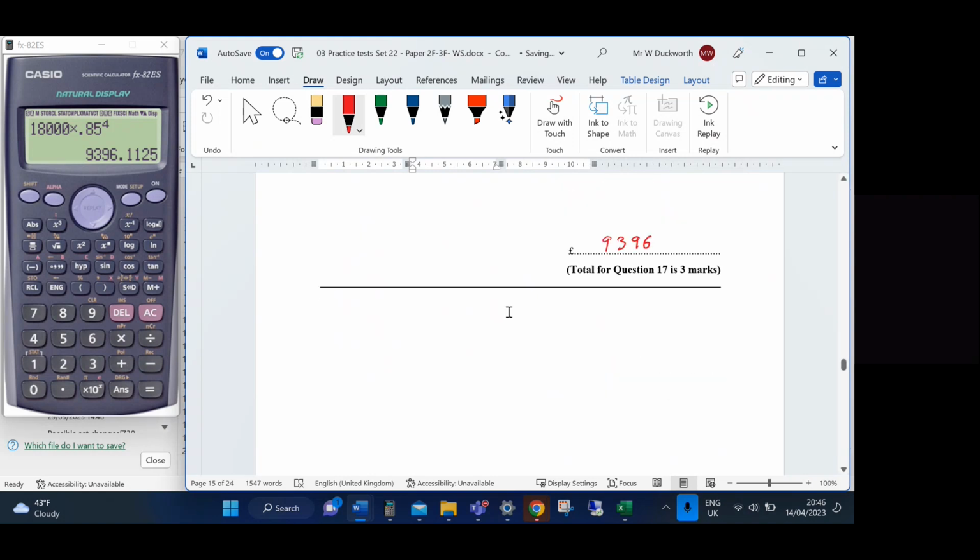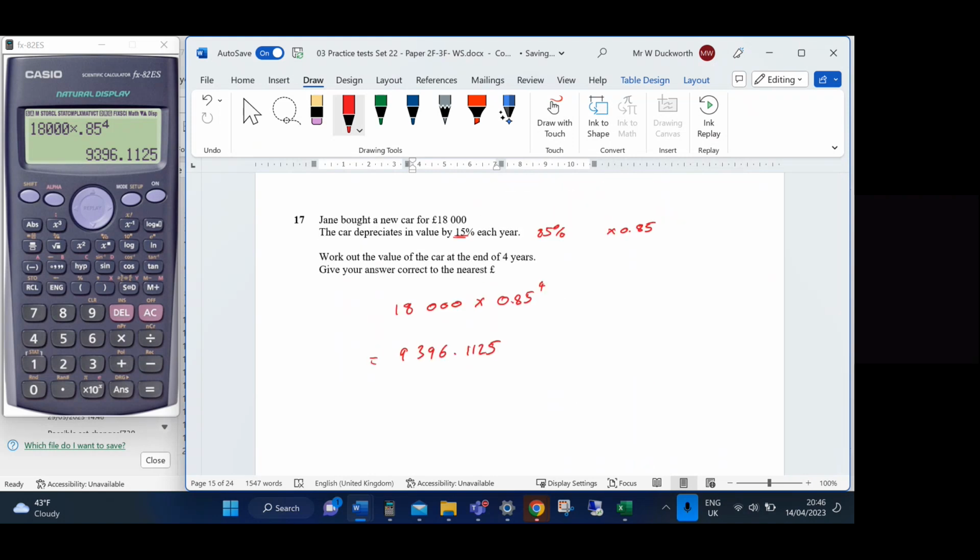Right, and again, that's it for that page. So the mark scheme for this says M1 for finding 15% or 0.85 of the amount.